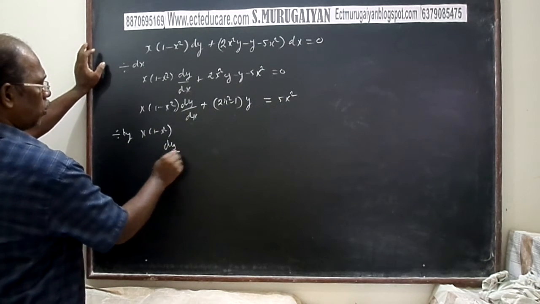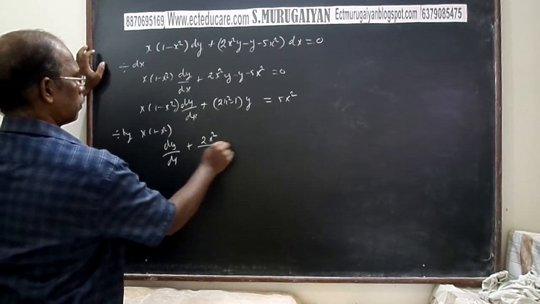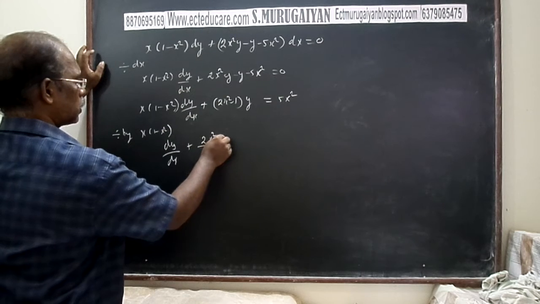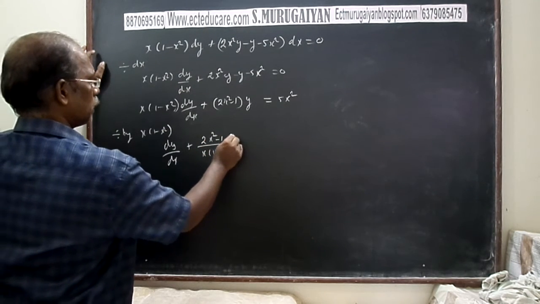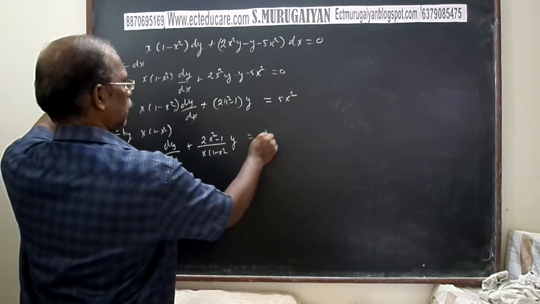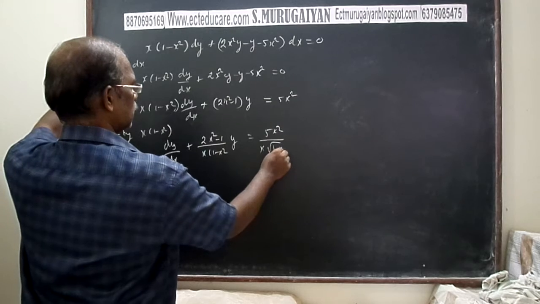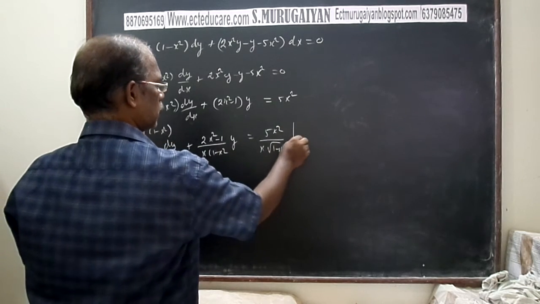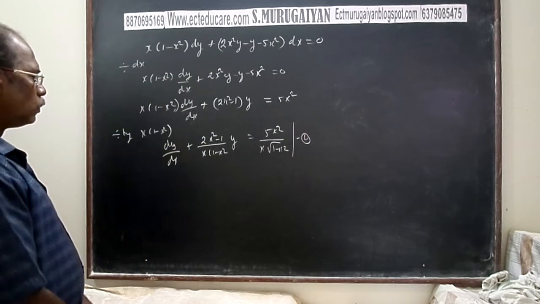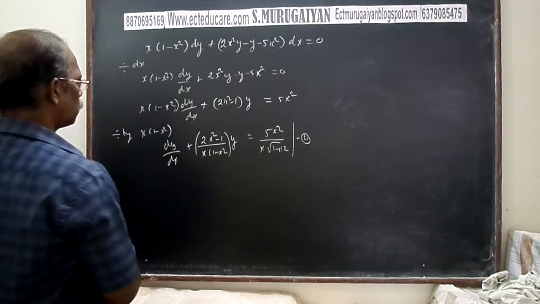Then we get dy/dx + (2x² − 1)/(x(1 − x²)) y = 5x²/(x√(1 − x²)). This is taken as the standard form, equation 1. The coefficient of y is P, and the right side is Q.